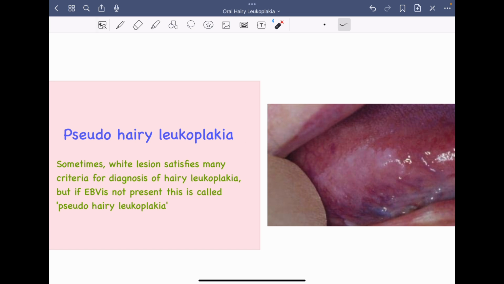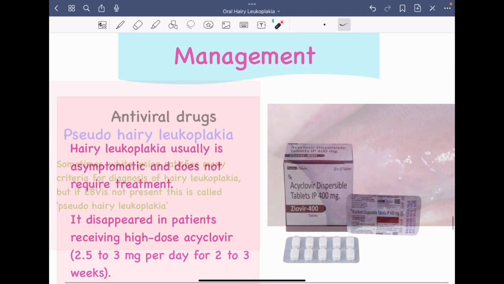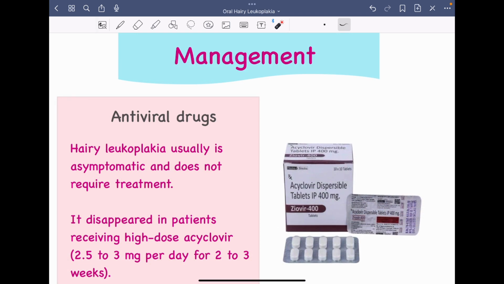So in such cases there is a term given in various textbooks, that is pseudo hairy leukoplakia. The name itself indicates that it is a false type of hairy leukoplakia wherein we cannot find any EBV associated with that lesion.